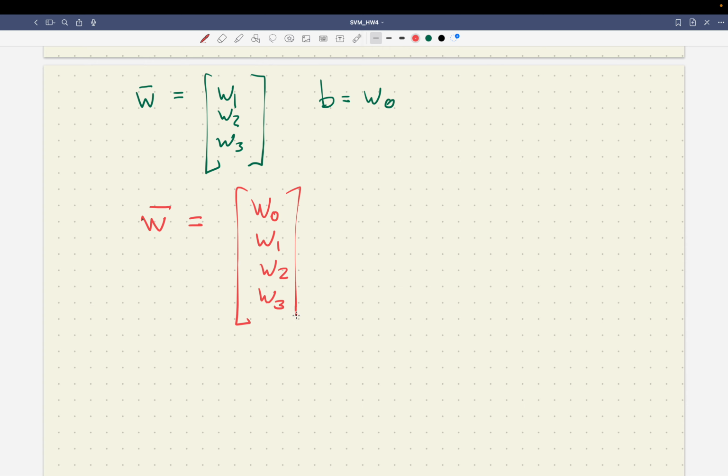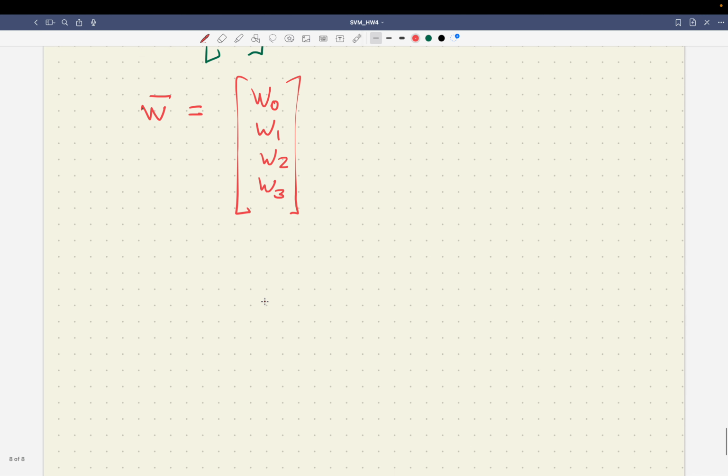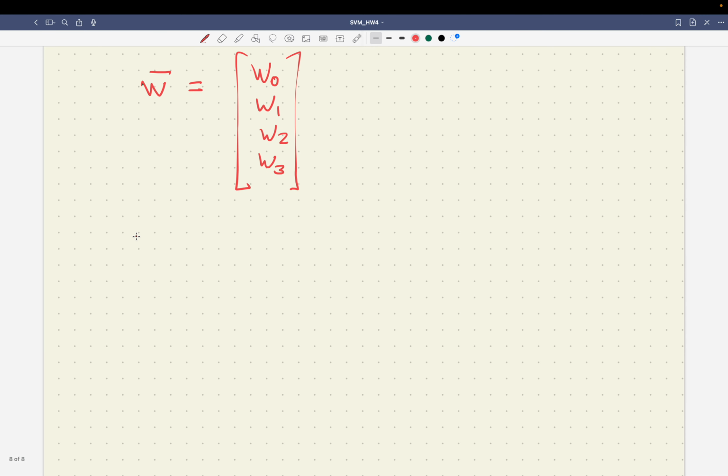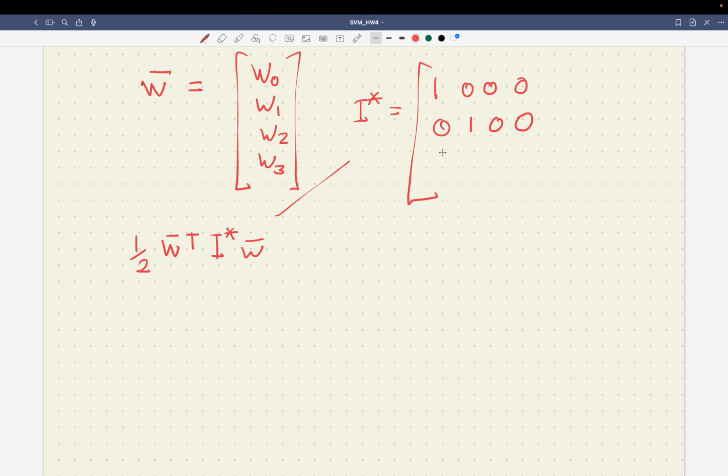So now I'm using the convention that the bias weight is built in. Now look at what happens if you do 1/2 W transpose, now let me call this I star, times W. Okay, and let's examine this. What I mean by I star is the identity matrix suitable for multiplication with W.